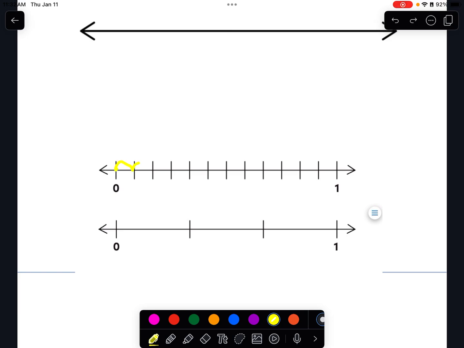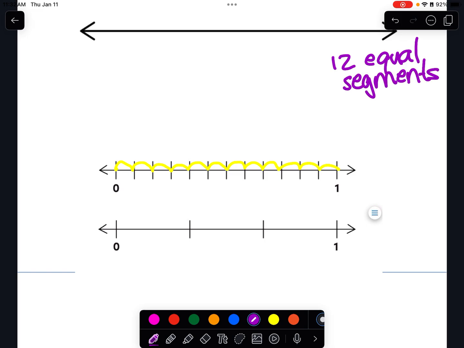So let's count. 1, 2, 3, 4, 5, 6, 7, 8, 9, 10, 11, 12. Okay, we've got 12 equal segments, which means that this is 1/12.